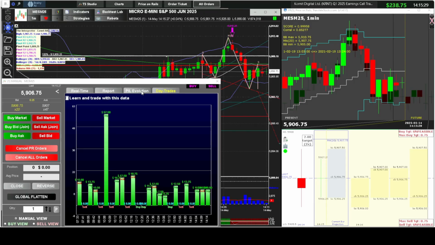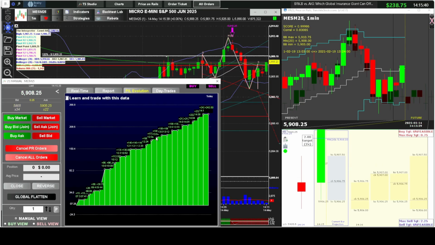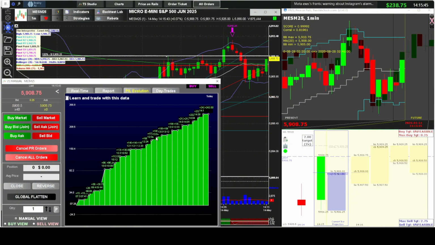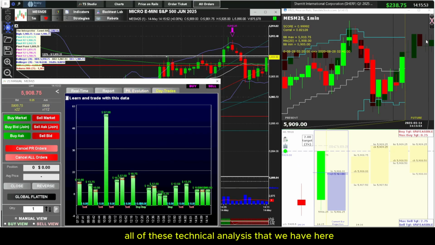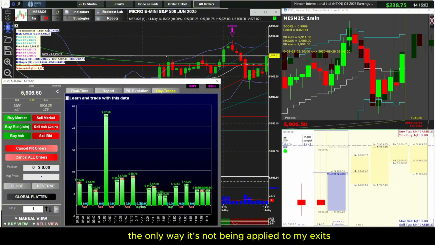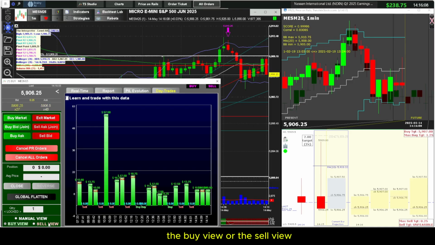And it's interesting the way it works, because with the agent trading with us, all of this technical analysis that we have here is already being applied to my exits. The only way it's not being applied to my exits is if I am not using the agent mode, the buy view or the sell view.